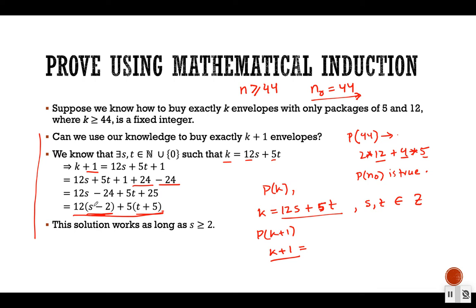And s is an integer, so s minus 2 will also be an integer, but this solution is going to work only if the s value is greater than or equal to 2. If s is greater than or equal to 2, then s minus 2 is going to be greater than or equal to 0.